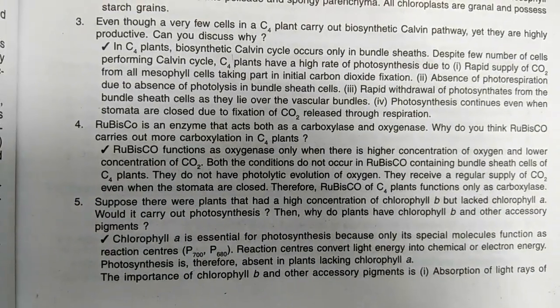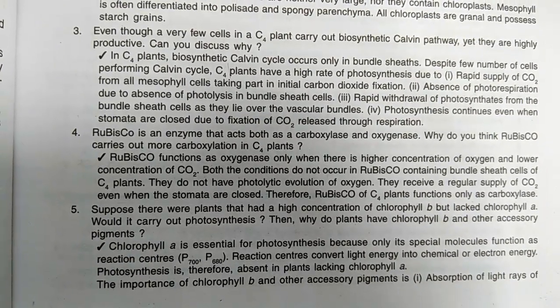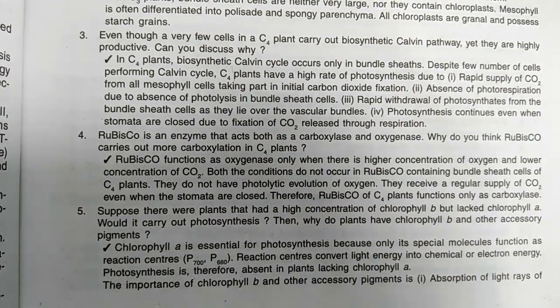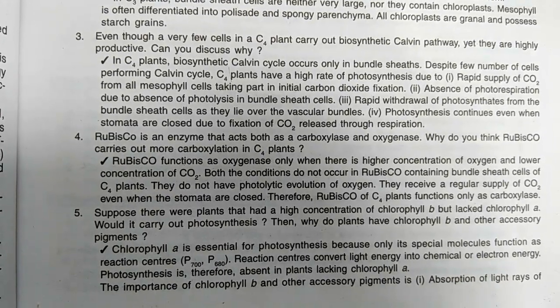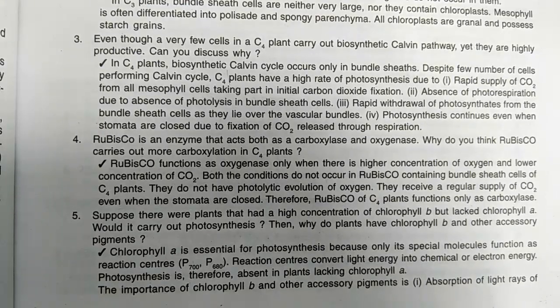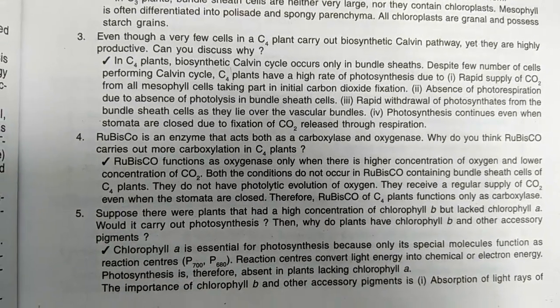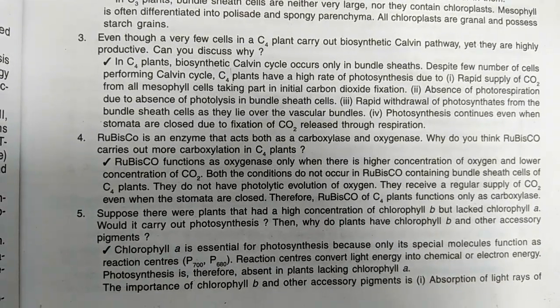Question 5 is, suppose there were plants that had a high concentration of chlorophyll b but lacked chlorophyll a. Would it carry out photosynthesis? Then why do plants have chlorophyll b and other accessory pigments?